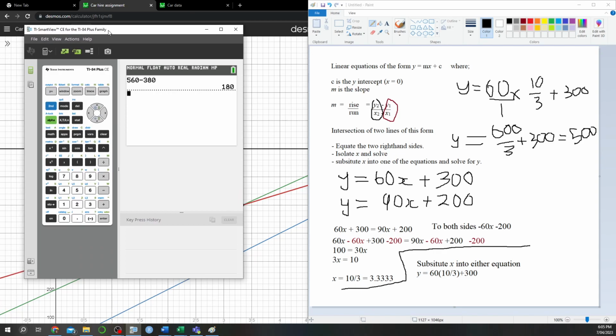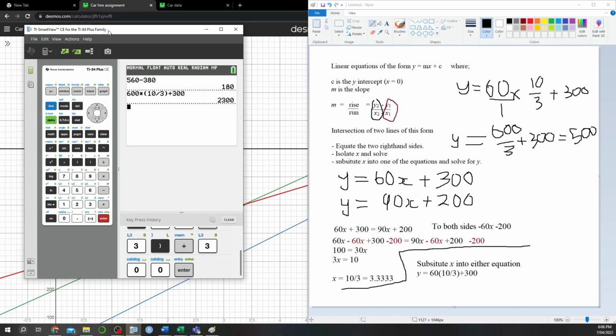If I do it this way, I'll just do the way I was going to, substitute into 60 times 10 thirds plus 300. Whoops, not 600, I'm getting ahead of myself. 60.